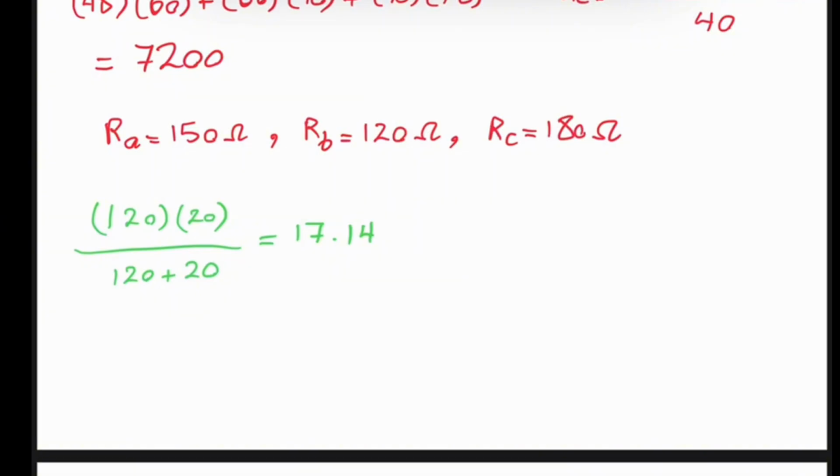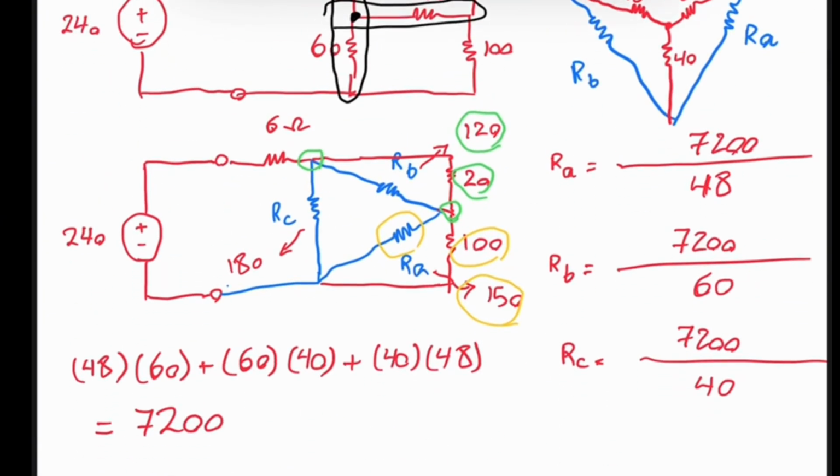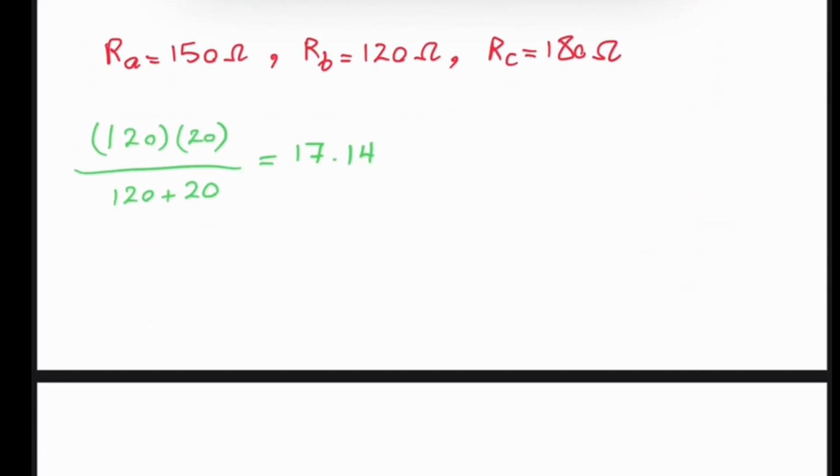And on the other hand, 100 and 150 are in parallel as well: 100 times 150 over 100 plus 150, which if you calculate gives you 60 ohm.